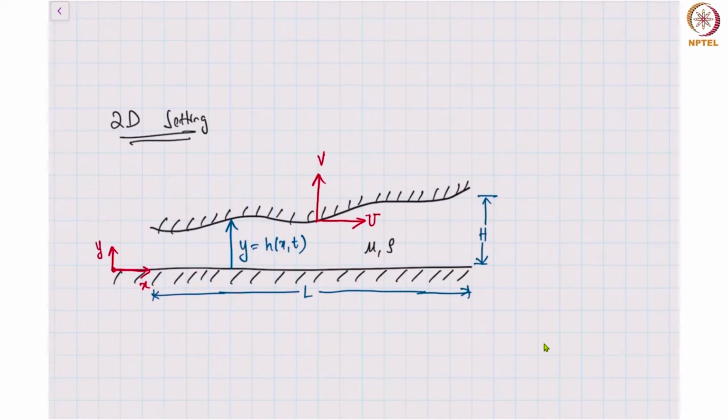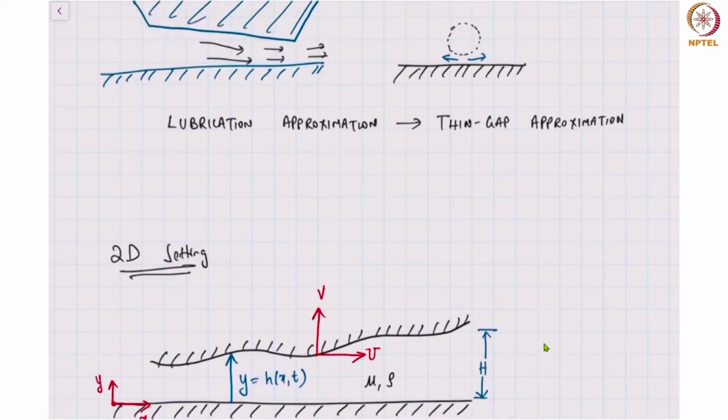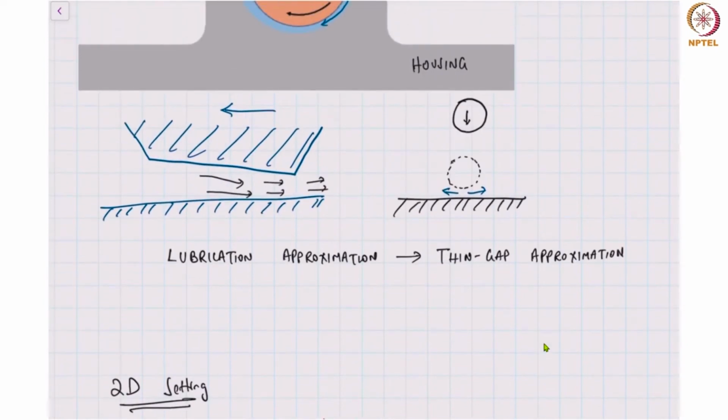Further, we will say that the thin gap is given by the equation y equals h of x comma t, meaning the thin gap is varying in space, and there is a characteristic thickness for this thin gap which we call h, and the characteristic horizontal length scale is L. Now, in the case of the ball that is falling, the horizontal length scale could be something like the curvature of the ball, whereas the vertical length scale, the thickness of the gap, could be something like the thickness of the gas layer.